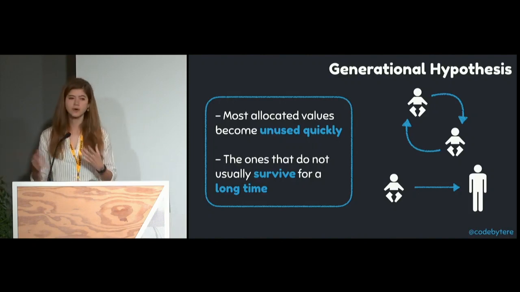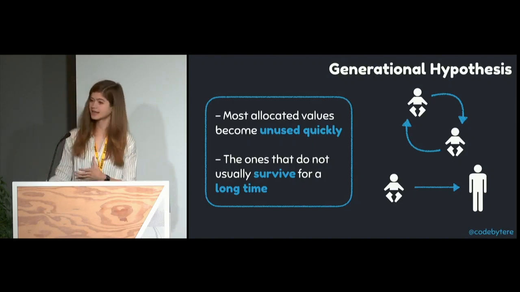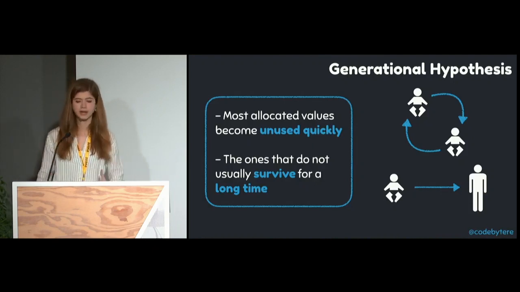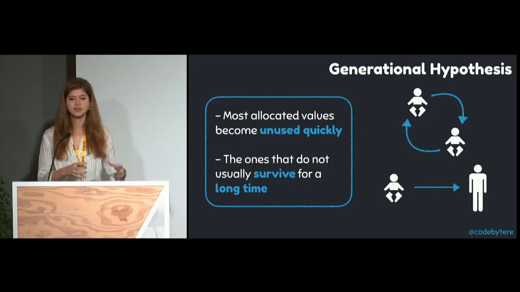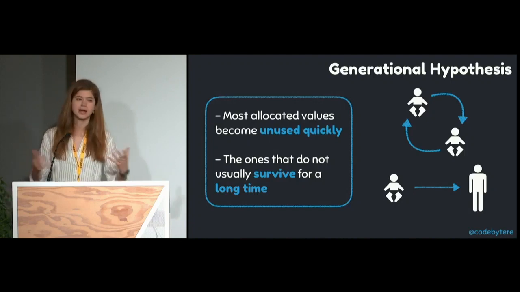Firstly, most allocated memory becomes unused quickly. Secondly, the parts of memory that are allocated and don't become unused quickly live for a very long time. This has allowed V8 to segment its heap into two sub-collectors for garbage collection, as I just mentioned, major and minor.